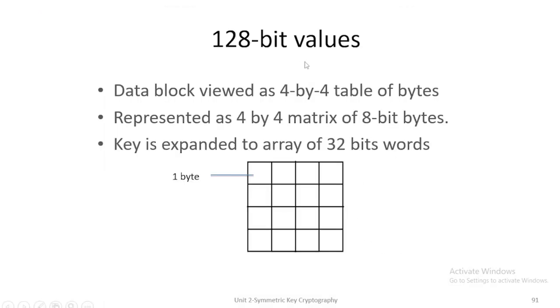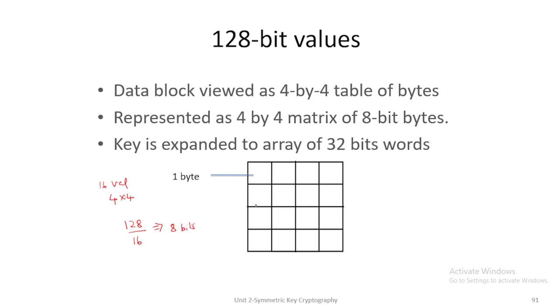If we take a 128-bit value, that will be stored in 16 values. 16 values means a 4 by 4 matrix, in which the values will be stored. So totally 128 bits are available, and the total should be 16 values. Each value should be represented as an 8-bit representation.